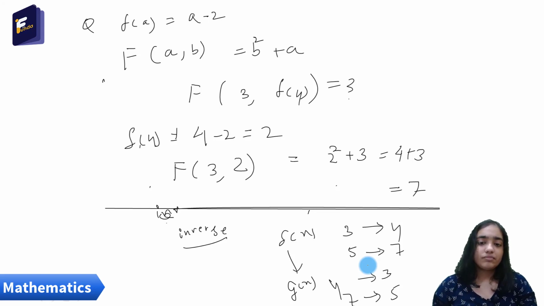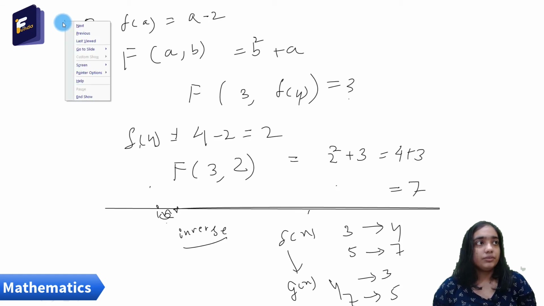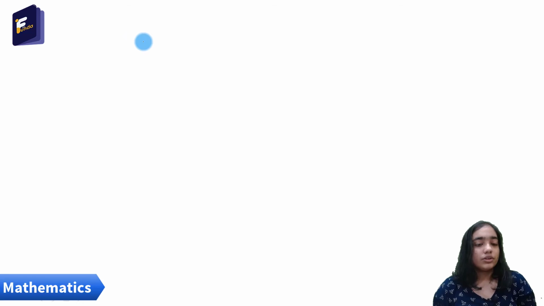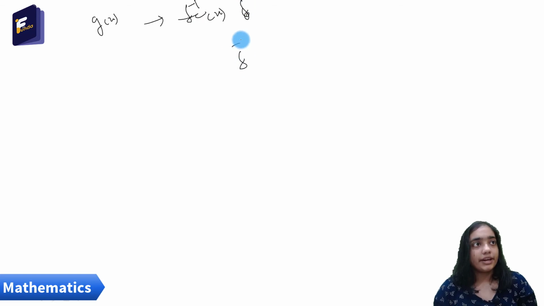Okay, so the notation: if g of x is the inverse of f of x, it is written as f inverse, like this, f minus 1.